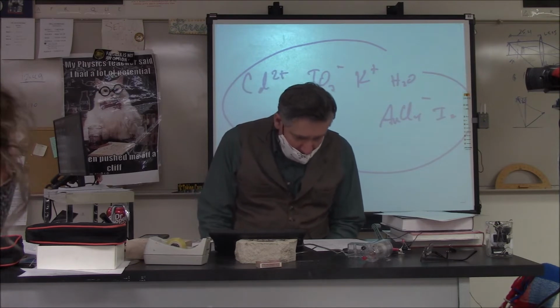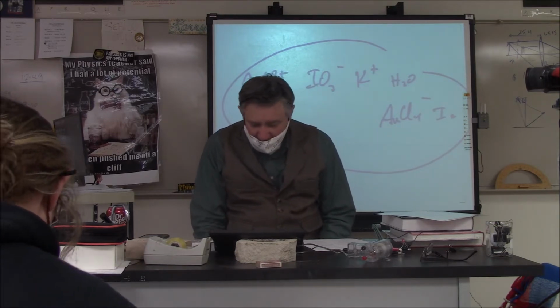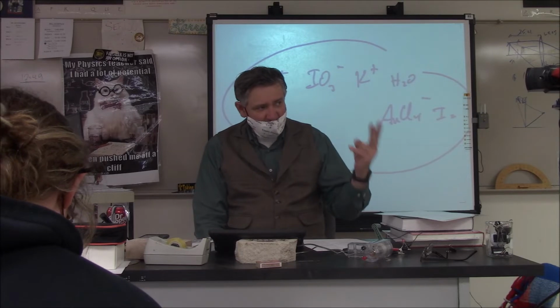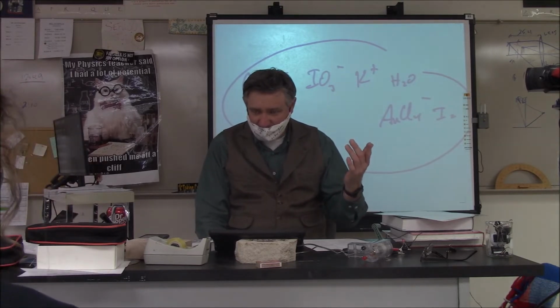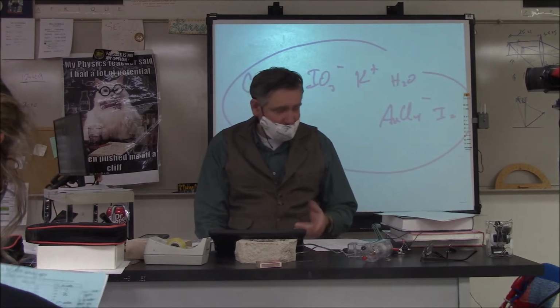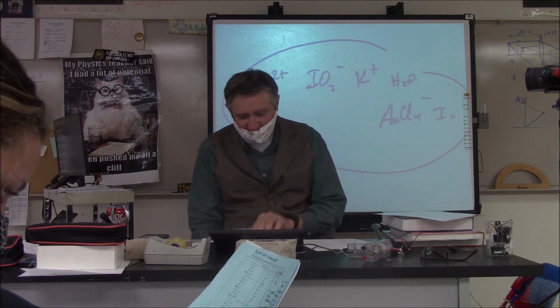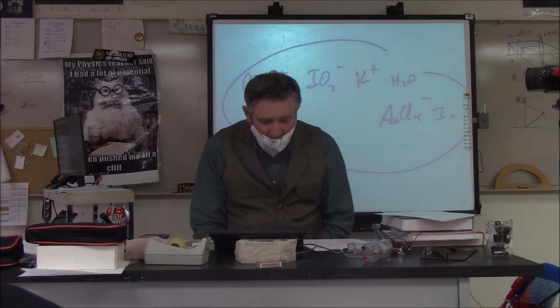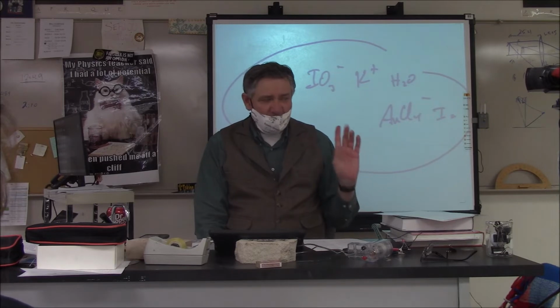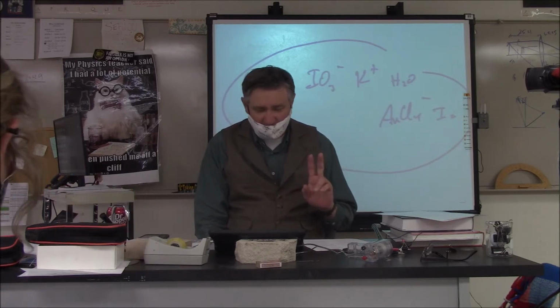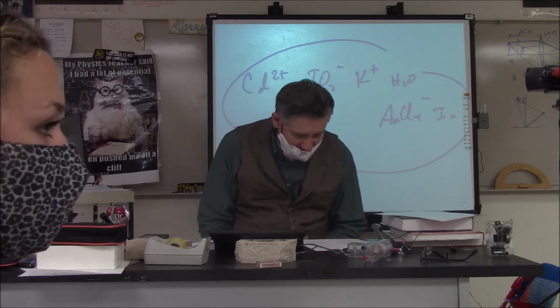On 49, you should have 2 no's and 2 yeses. Okay? 2 no's, 2 yeses. You figure out where they go. On 50, you should have 1 yes and 2 no's. Again, you figure out where that is.